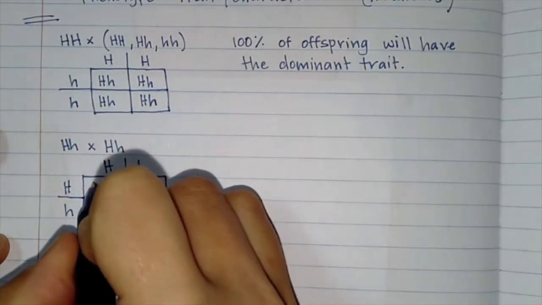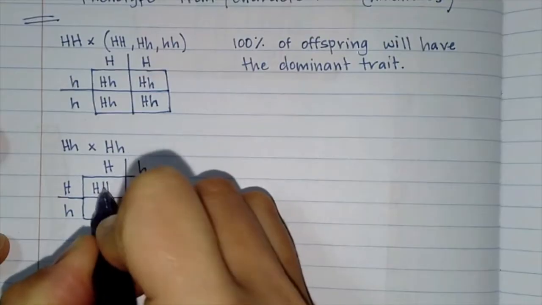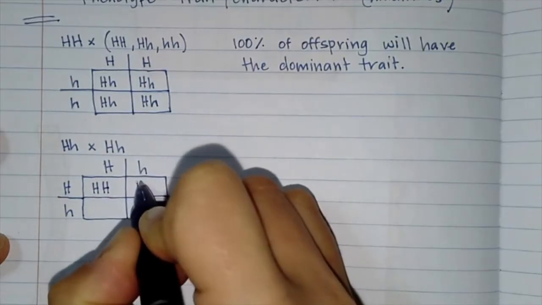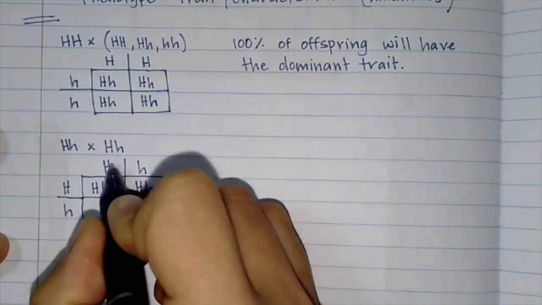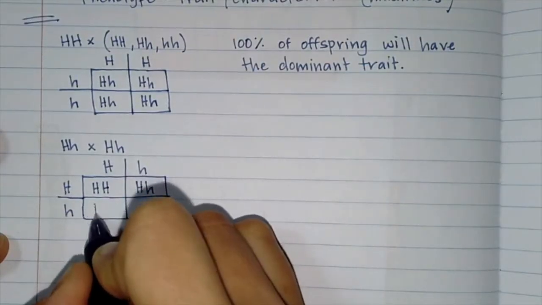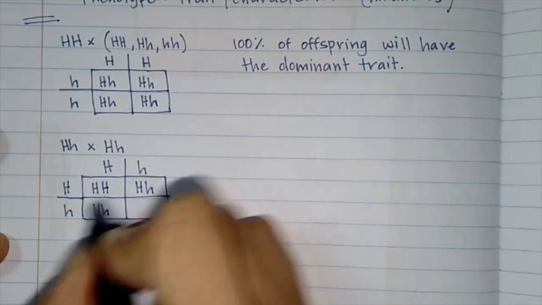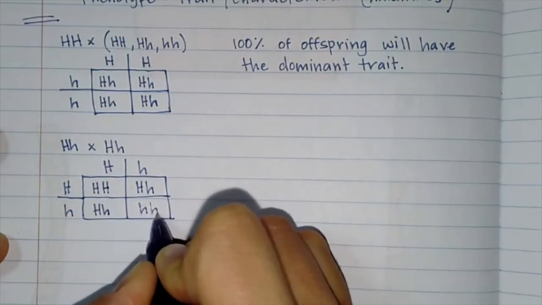Now, drawing this out, I'm going to have big H, and then big H. So this one comes over here to combine with this one. And then this one and this one are going to combine in this box. And then this one and this one are going to combine in this box.